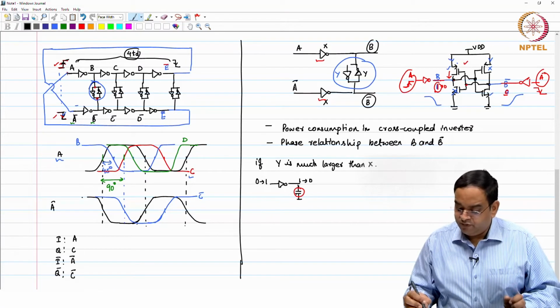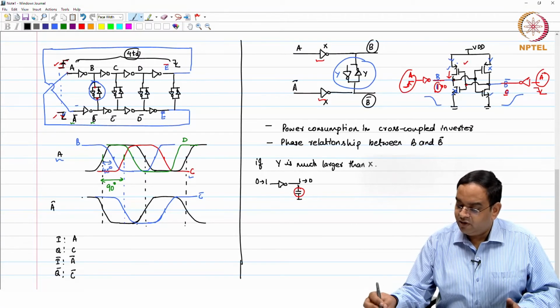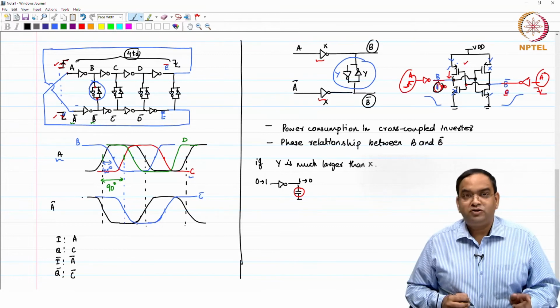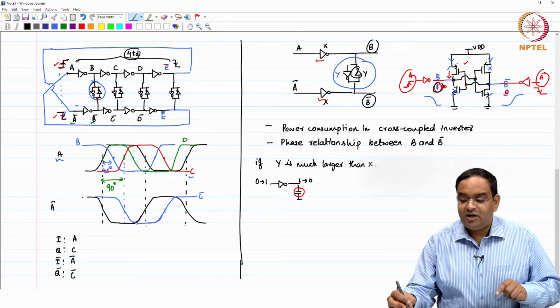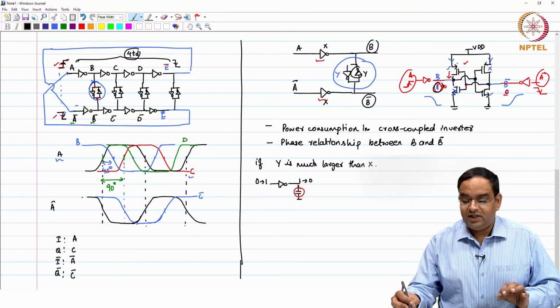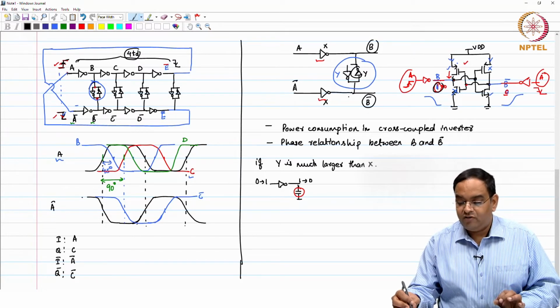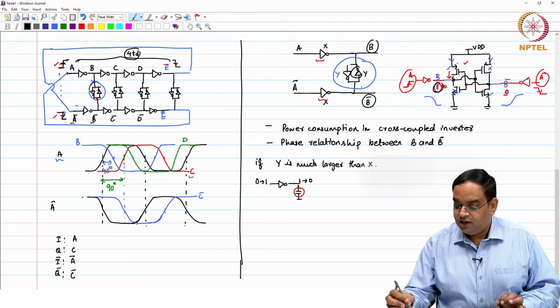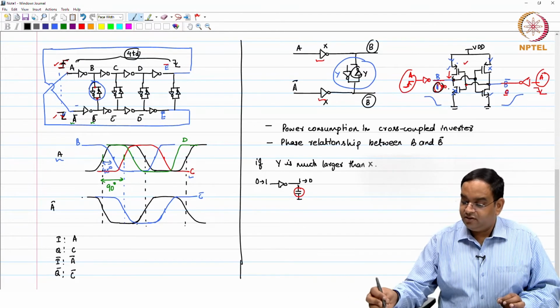But what happens when, for the same inverter, you have a circuit which opposes this transition going from 1 to 0, and who opposes? The other inverter opposes the transition, okay, because it holds till the time the input of this inverter changes.